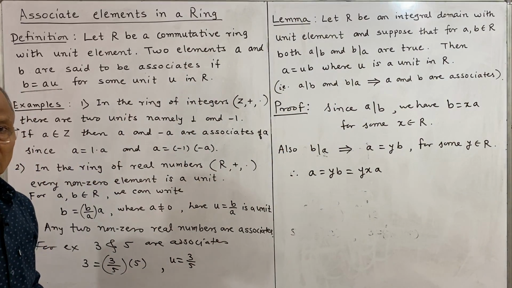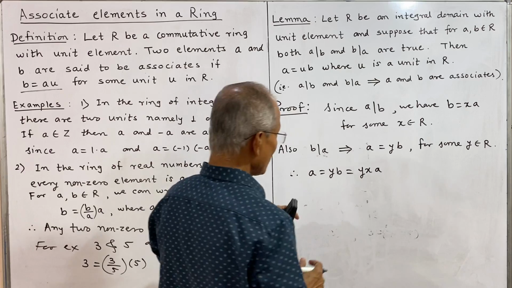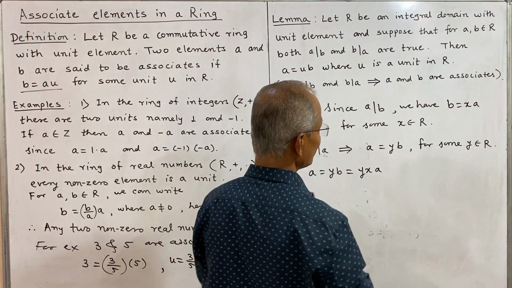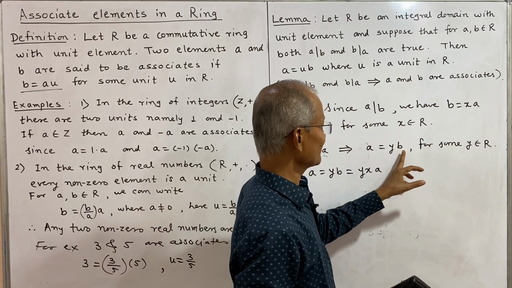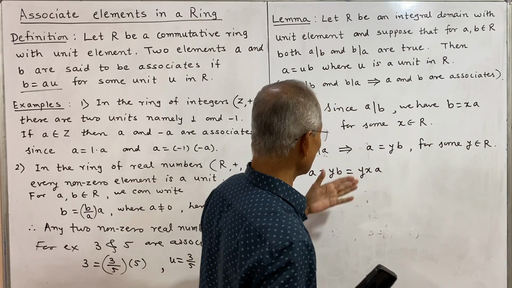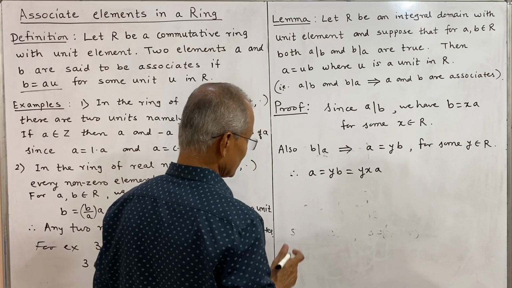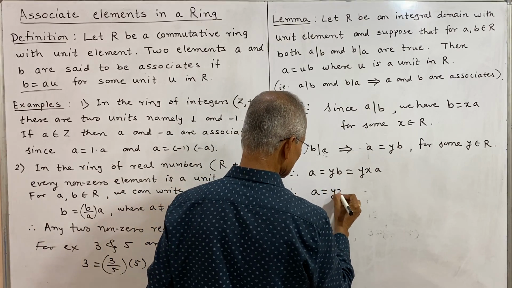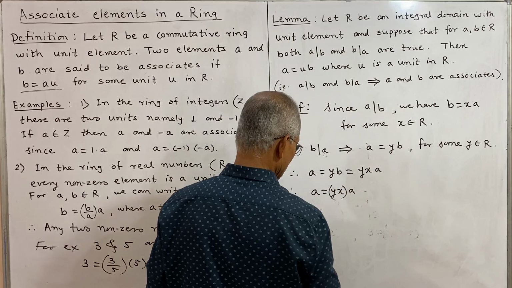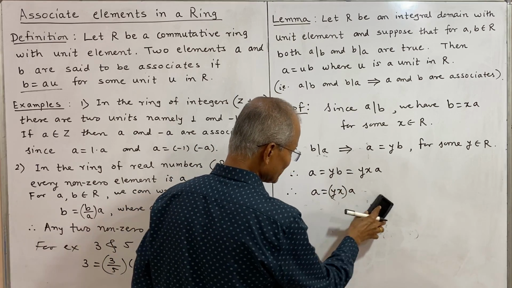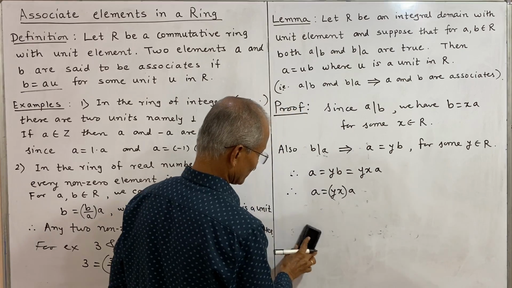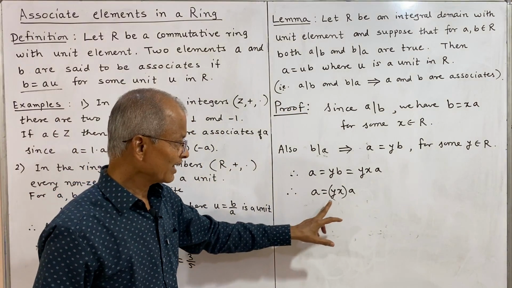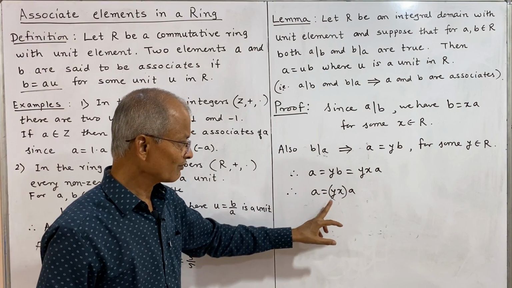This may also be written as the relation for b, b can be written as xa and then xyb. This implies a is equal to yx into a. So these are elements of an integral domain. So cancellation law holds in an integral domain, and therefore by cancellation law a cancels and we get 1 is equal to yx.